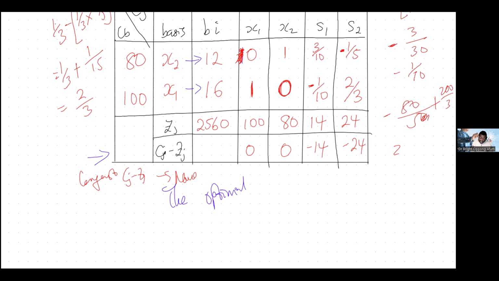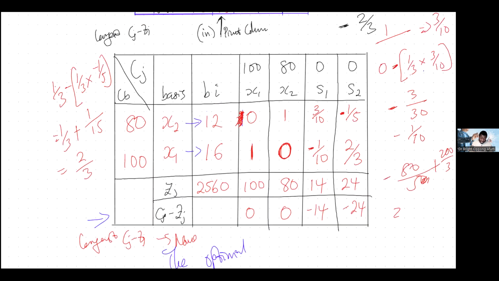When the decision variable is in the basis, or in the solution, it is a basic variable, and the corresponding Cj minus Zj is 0.